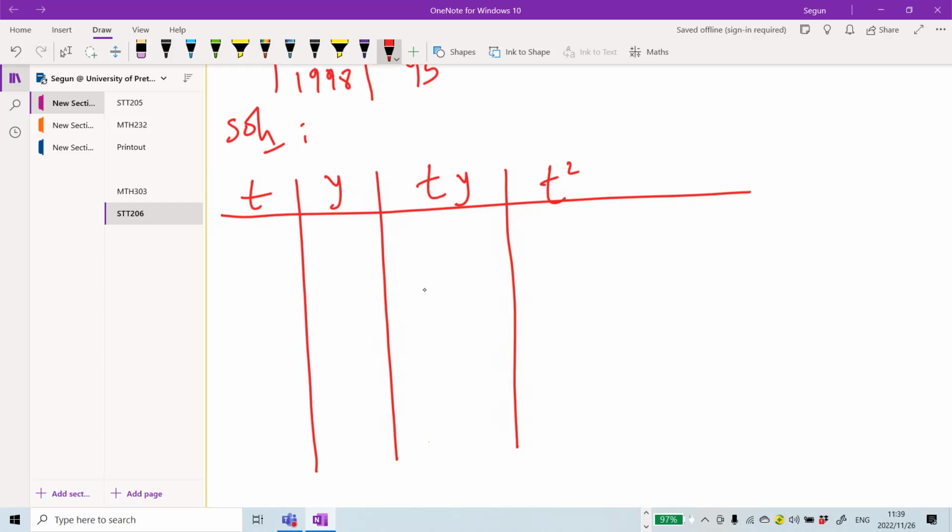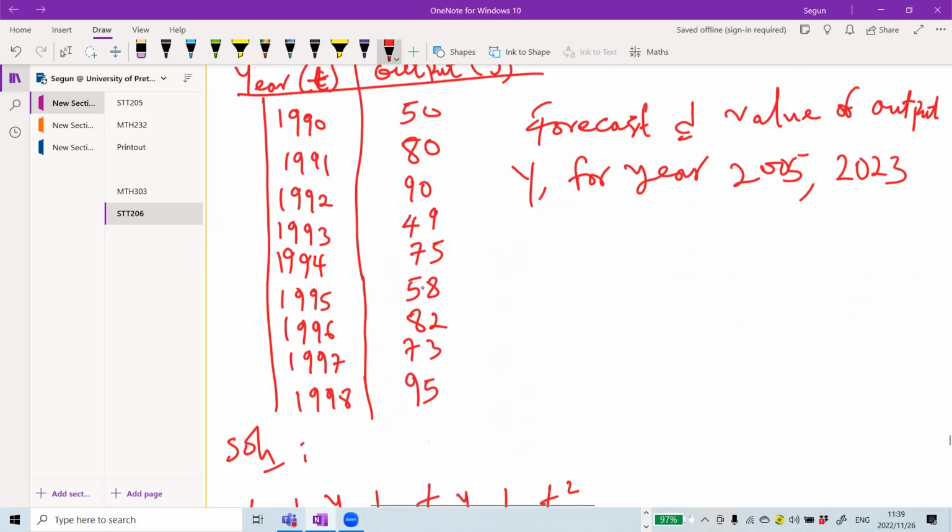Now, your T, you will now number it because you can't use 1990 multiplied by 50. You represent them by 1, 2, 3, 4, 5, 6, 7, 8, 9. You can see it's different from the regression analysis.